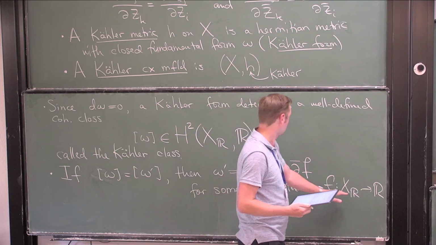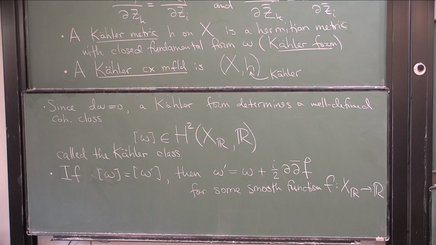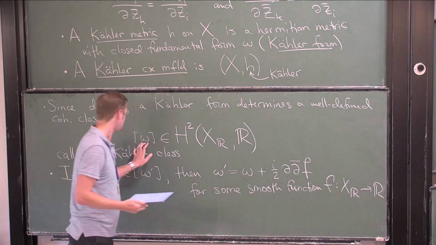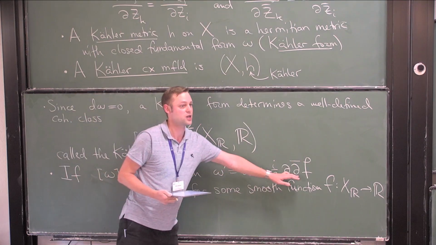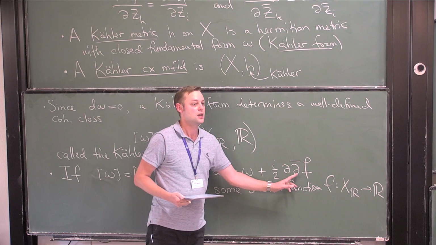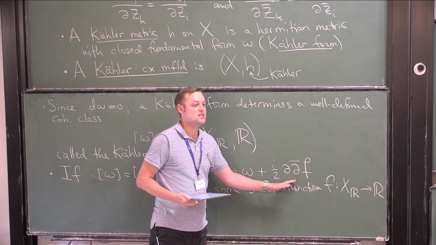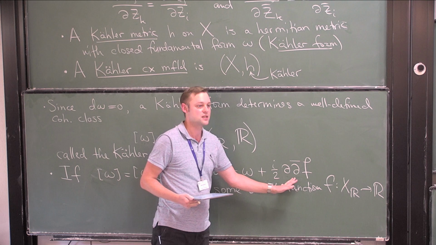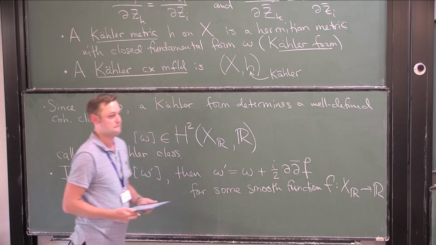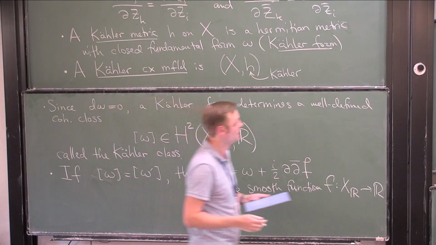And what I'm saying is that any other representative of the same cohomology class must be exact with respect to the two differentials del and del bar.